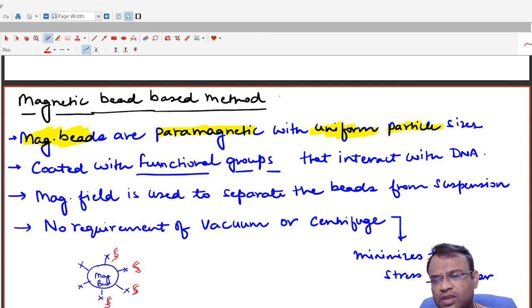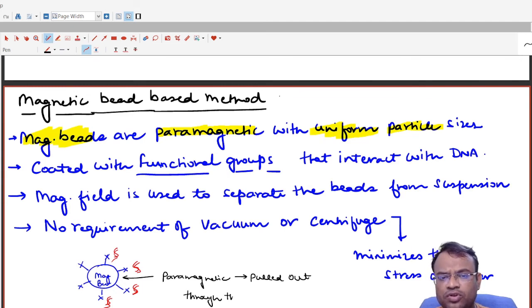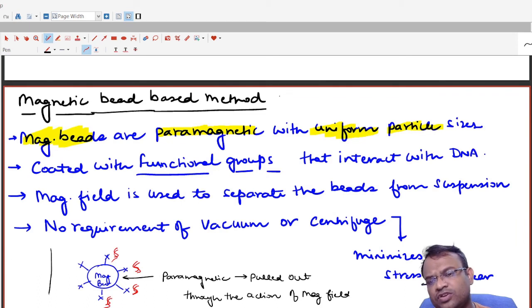Next, because these magnetic beads are paramagnetic, they can be pulled out through the action of magnetic field. Now if you are using a magnetic field, what will happen?